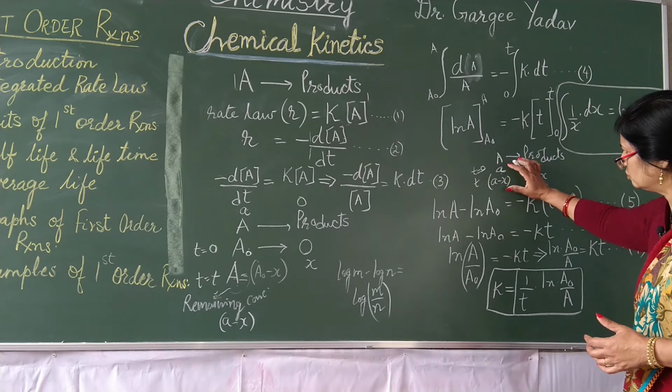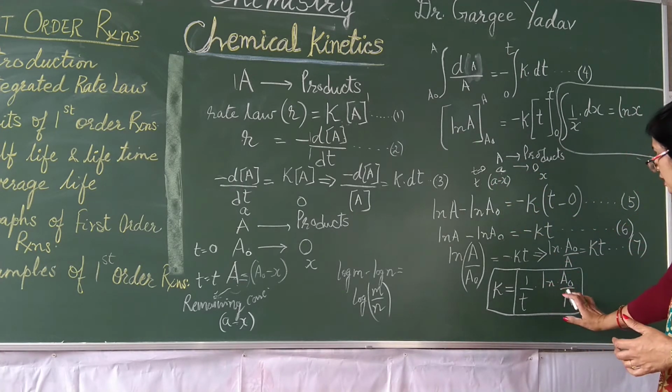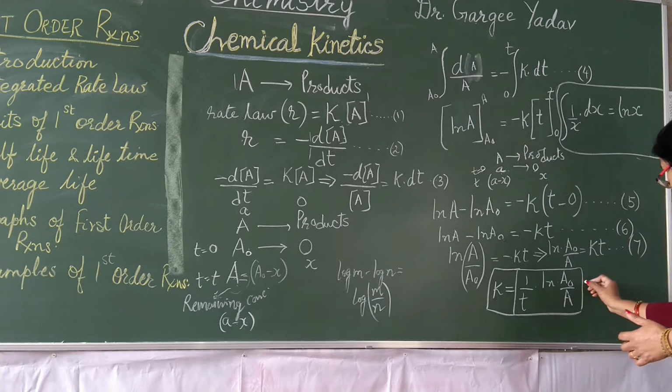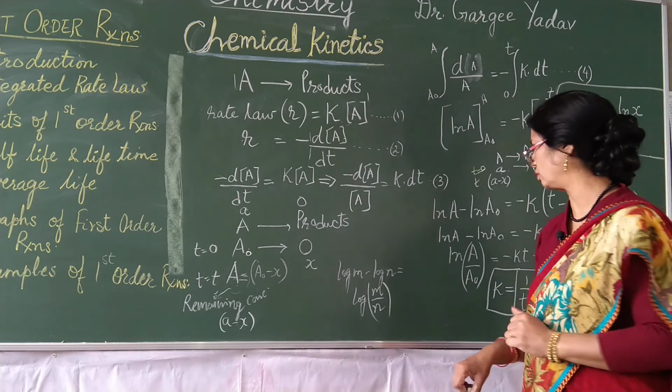If we substitute these values, the rate expression becomes k equals 1 upon t log natural a upon a minus x. Actually it is given in this form in your book, but I think the earlier form is simpler and easier to understand from your numerical point of view also.